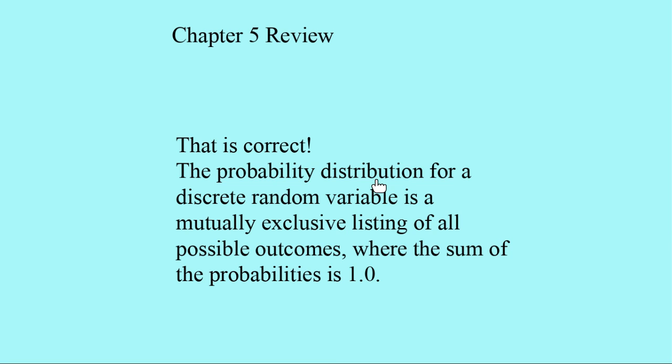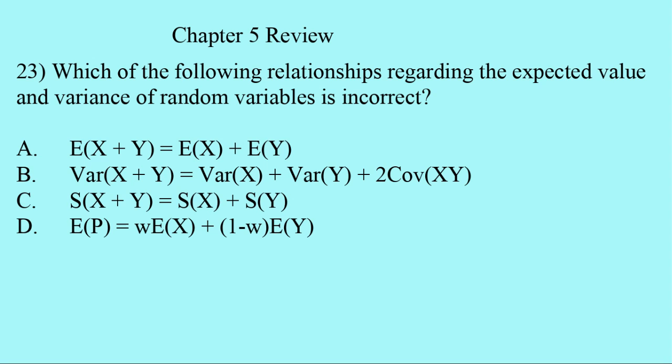So the probability distribution for a discrete random variable is a mutually exclusive listing. So link those, discrete random variable and mutually exclusive, of all possible outcomes, where the sum of the probabilities is 1. Very good.